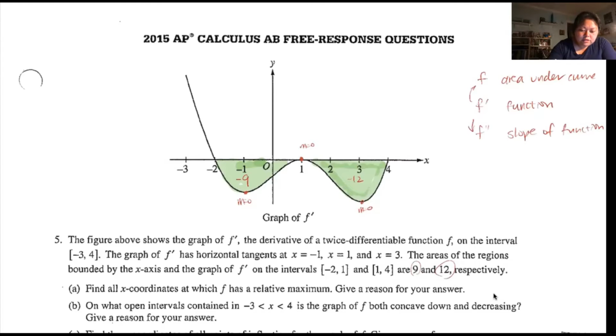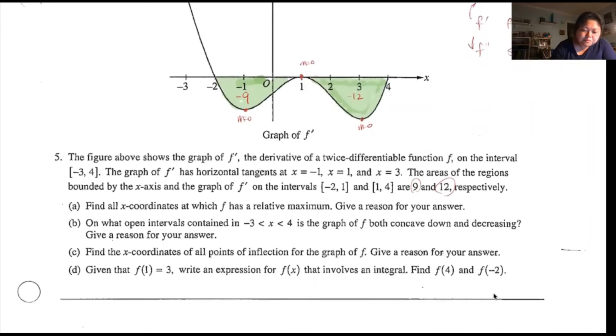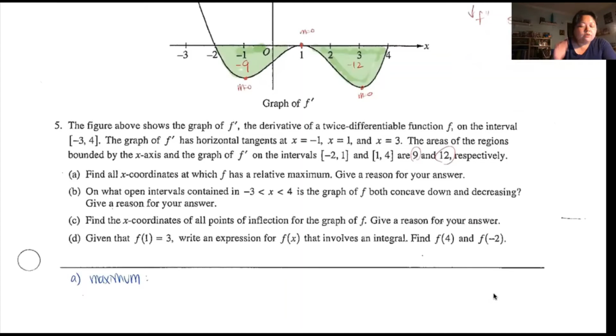The first question says, find all the x-coordinates at which f has a relative maximum. Give a reason for your answer. When we're looking for a maximum, you have to remind yourself, how is a maximum created? A maximum is created when a function has an increasing derivative changing to a decreasing derivative. So this is when f prime went from increasing to decreasing, therefore creating a maximum.